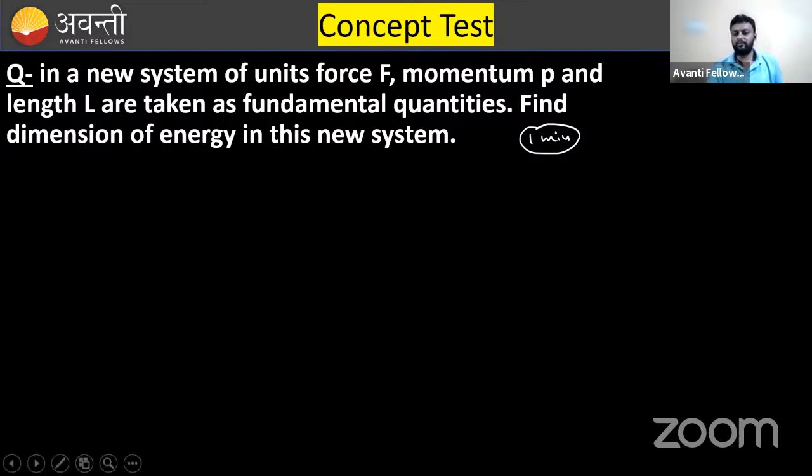Anyone? Ahmedabad, Kolhapur, Satara, Dahod.